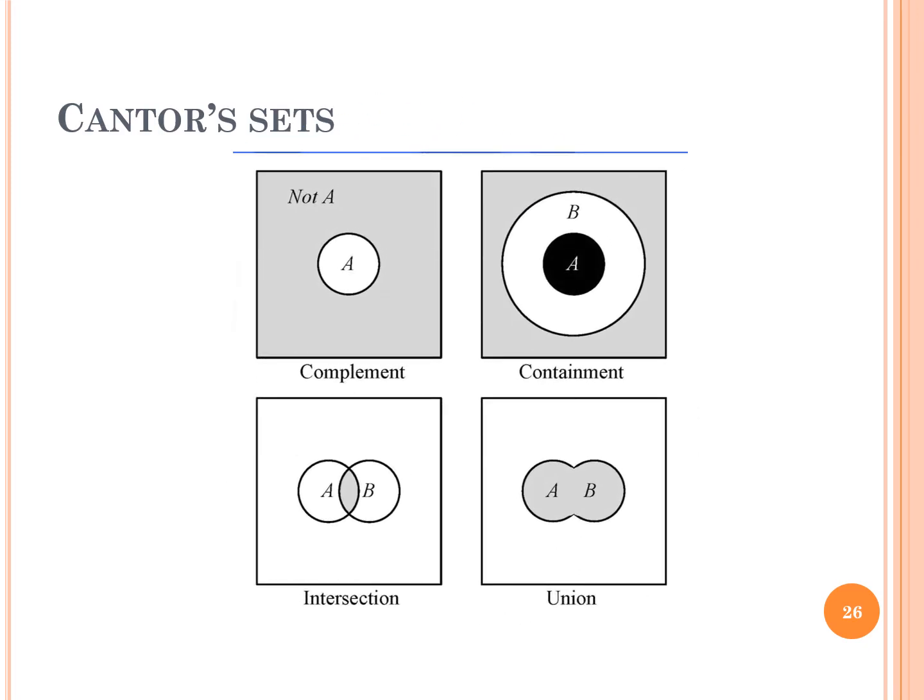This is a Cantor set. We have A and B, complement, containment. We have A, B set, and then intersection, and then we have union.